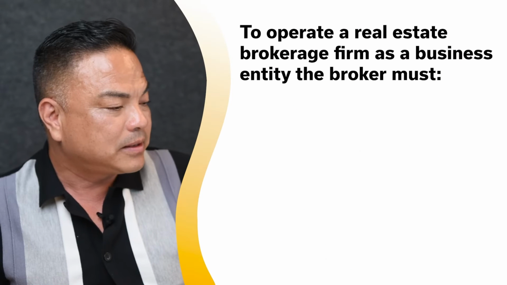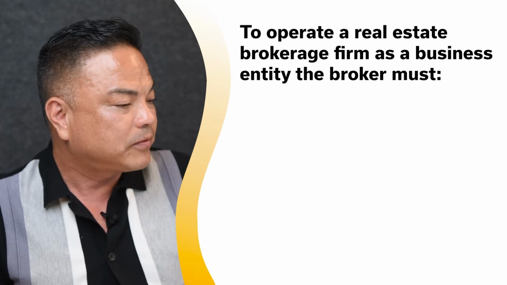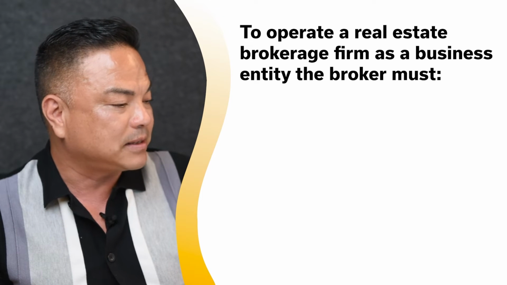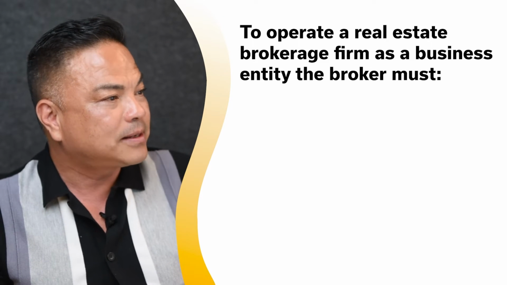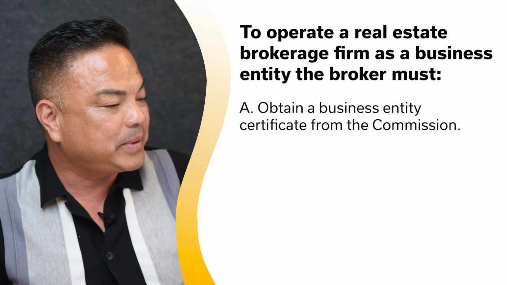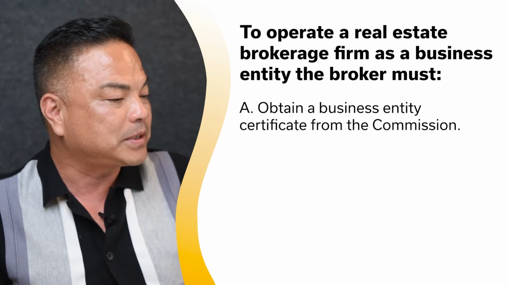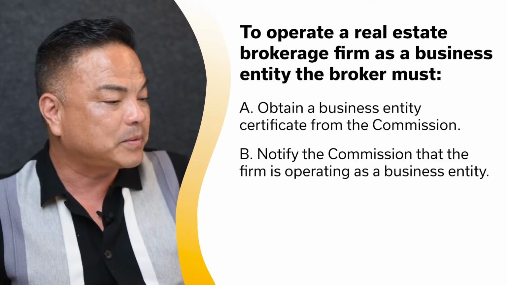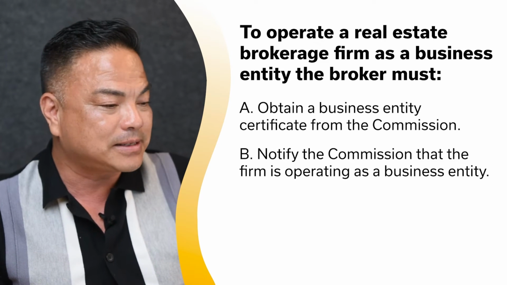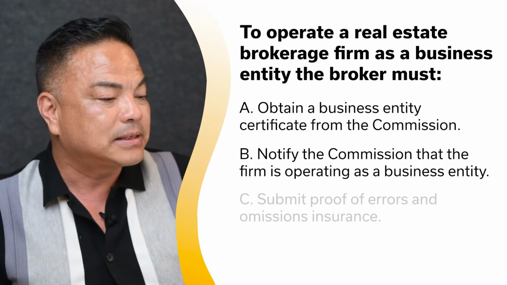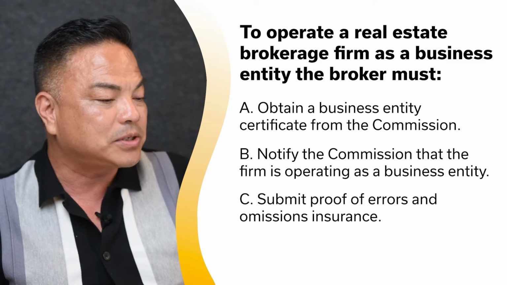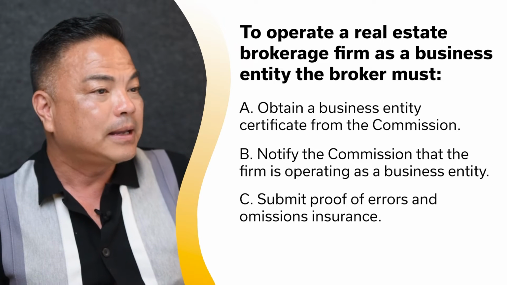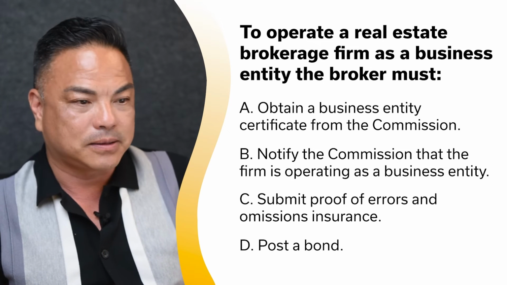To operate a real estate brokerage firm as a business entity, the broker must A, obtain a business entity certificate from the commission, B, notify the commission that the firm is operating as a business entity, C, submit proof of errors and omissions insurance, D, post a bond.